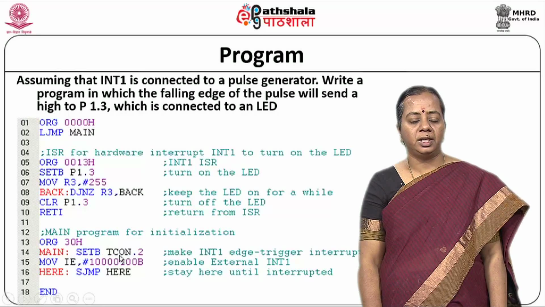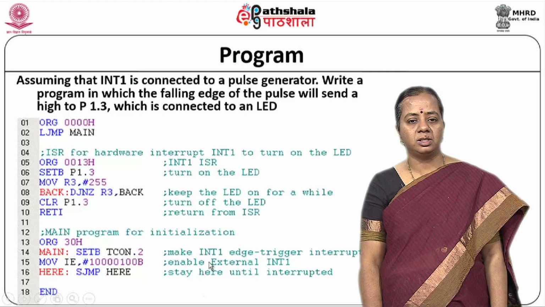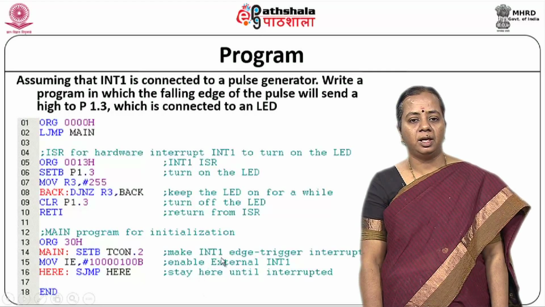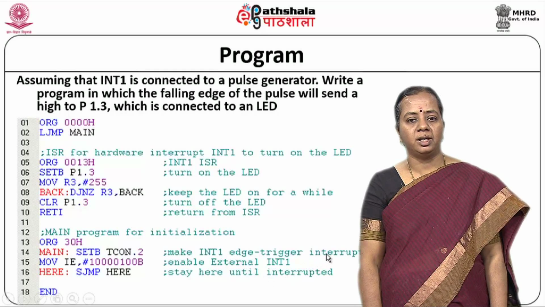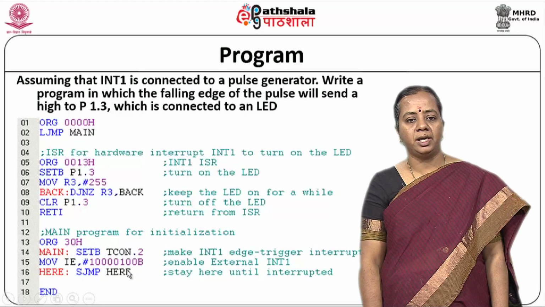That means bit 2 of the TCON register is set, which tells the system that INT1 is an edge triggered interrupt. Only on a falling edge will it get triggered. Then I move to the interrupt enable register as usual: EA and EX1 are set to 1.